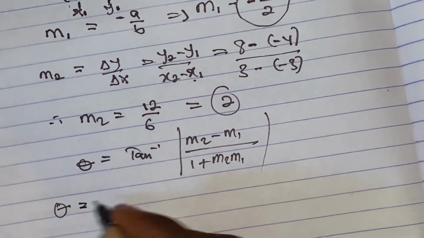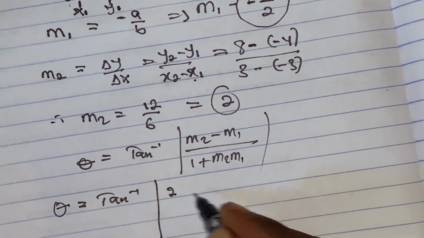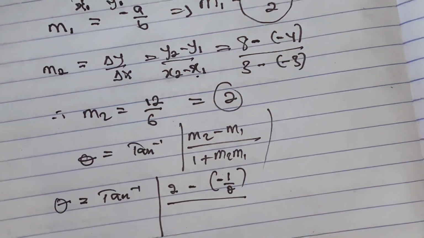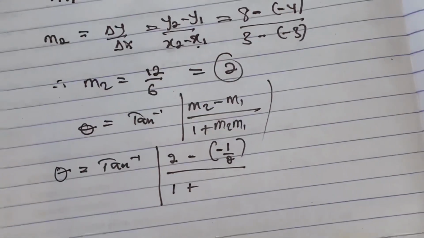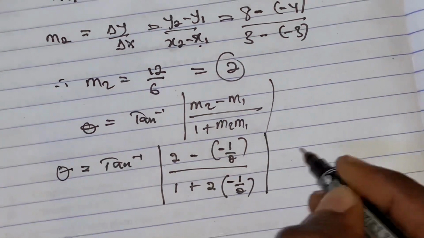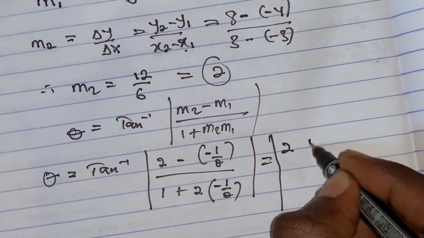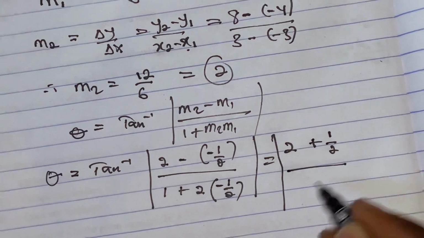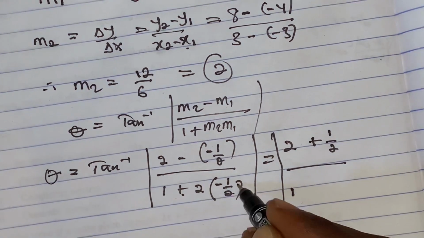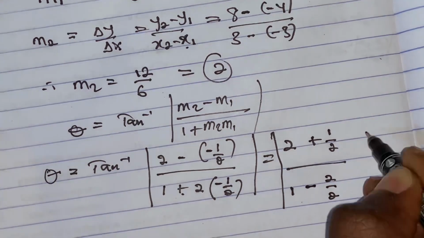So theta equals tan inverse of m2, which is 2, minus m1, which is negative 1 over 2, over 1 plus m2, which is 2, multiplied by m1, which is negative 1 over 2. The numerator would be 2 plus 1 over 2, and the denominator, positive multiplied by negative, and 2 multiplied by 1 over 2, would give us 1 minus 2 over 2.